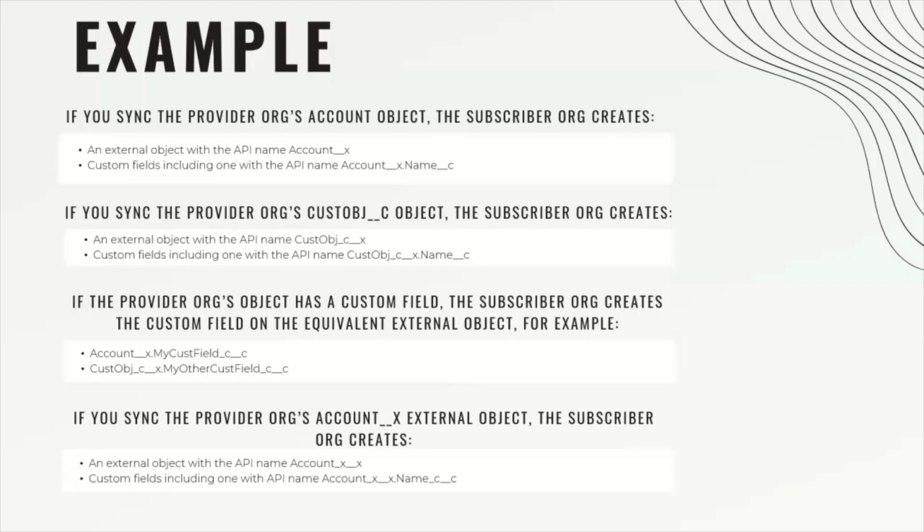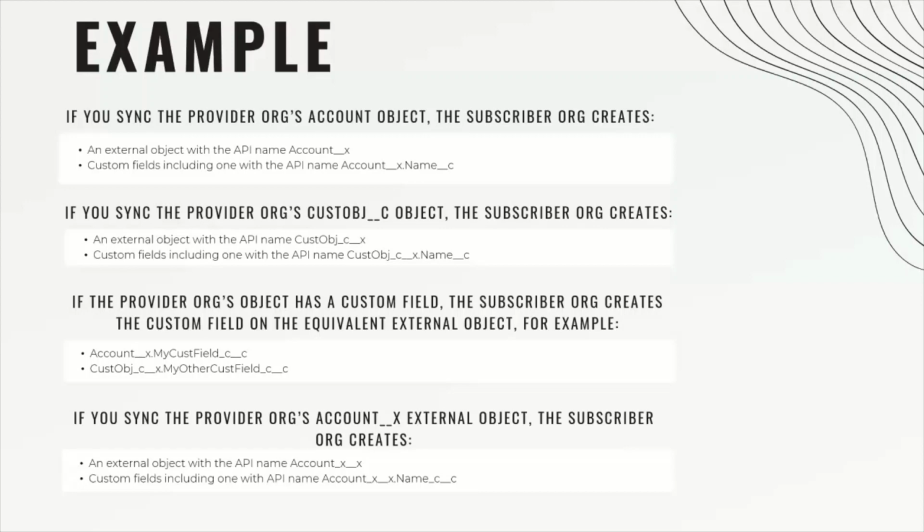If the provider org's object has a custom field, the subscriber org creates the custom field on the equivalent external object, for example Account__x.MyCustomField__c__c, and CustomObject__c__x.MyOtherCustomField__c__c.